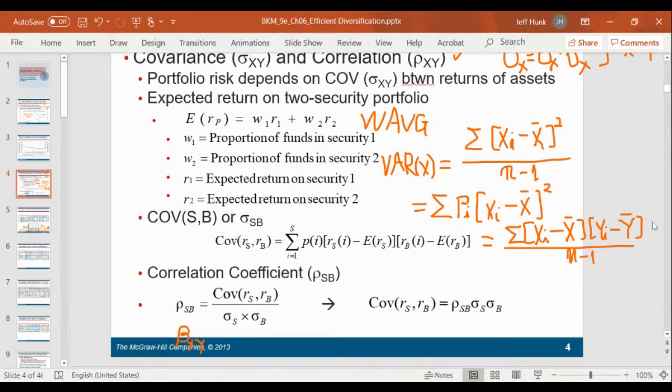That's basically it. I don't want to spend too much time on this, to cut it short. Beta is a correlation, but one is a dependent variable and the other is an independent variable.